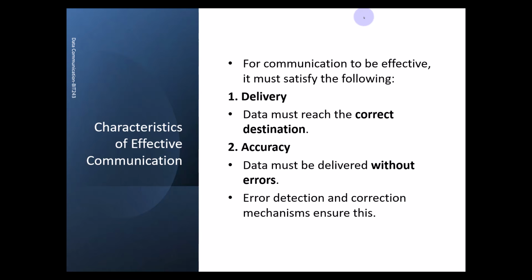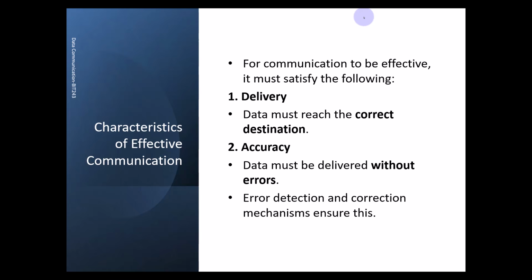That's an effective communication system. If you send something, it doesn't go to a different person. It goes to the same device that you wanted to send something to. And then the accuracy, data must be delivered without errors. Ideally, that is what we aim to achieve, that the data should get to the receiver end without any error.